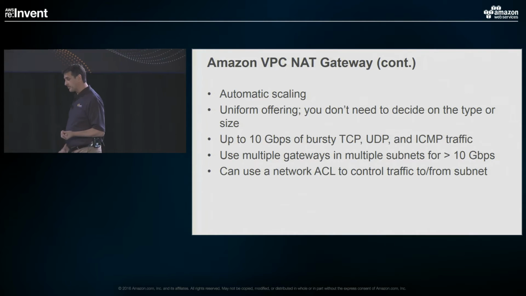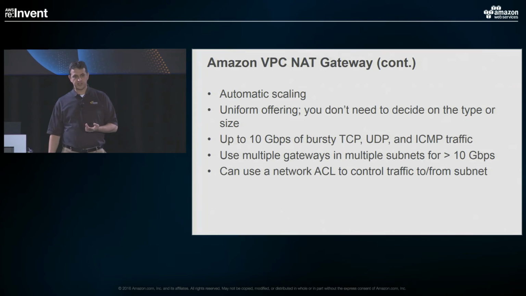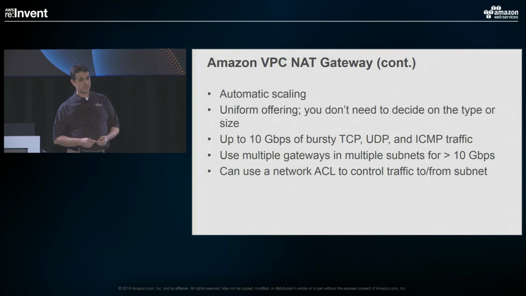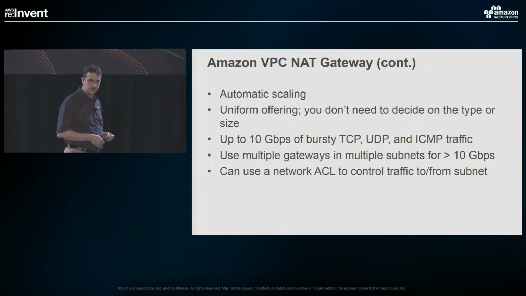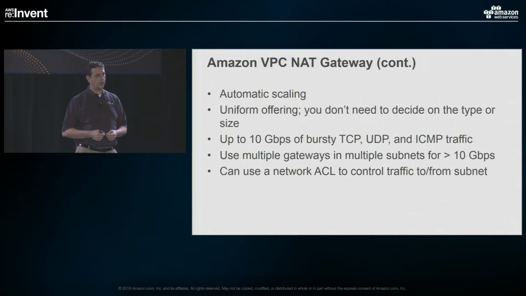And from a performance perspective, the NAT gateway service supports bursts of up to 10 gigabits per second for TCP, UDP, and ICMP traffic. And if you do have a requirement for more traffic than 10 gig, then you can easily launch multiple NAT gateways and have an additional 10 gigs per gateway.